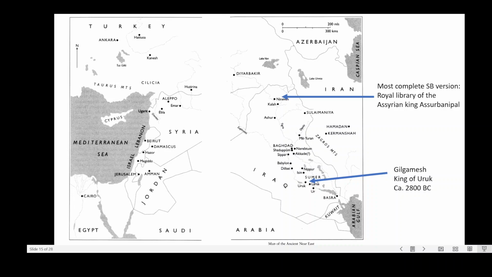About 500, 600 years later, the first written records of these exploits of Gilgamesh appeared, still in southern Mesopotamia, which is southern Iraq today. But the most complete version of the standard Babylonian version, which is the classic version of the Gilgamesh story, is available from the royal library of the Assyrian king Assur-banipal, in modern day Nineveh in northern Iraq.